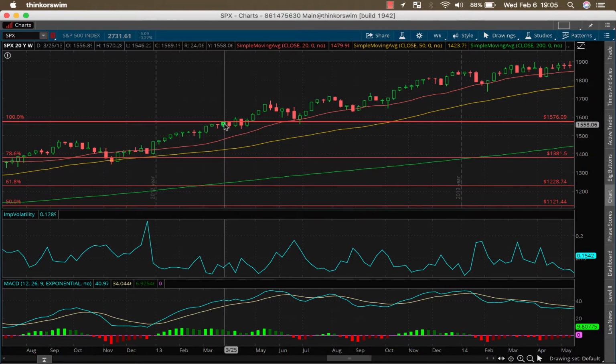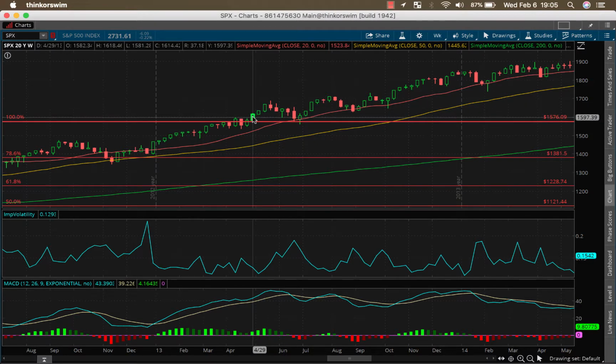And this is a weekly chart, by the way. We spent a good solid 7 weeks, almost 2 months, before we decided to break out.